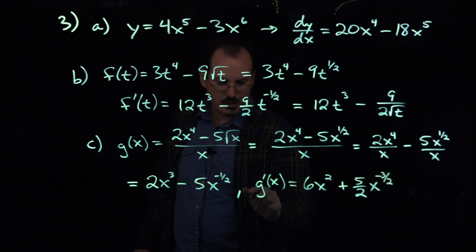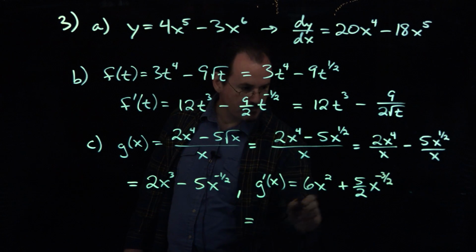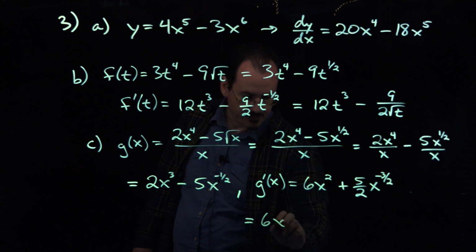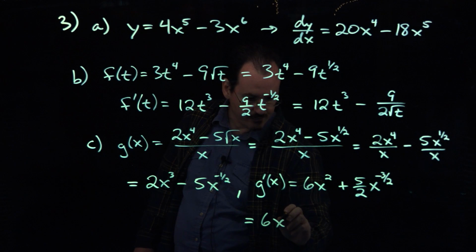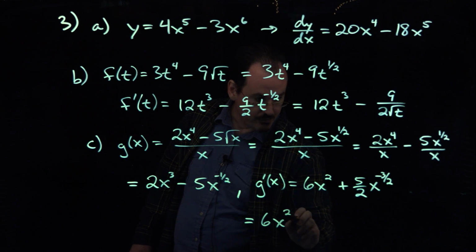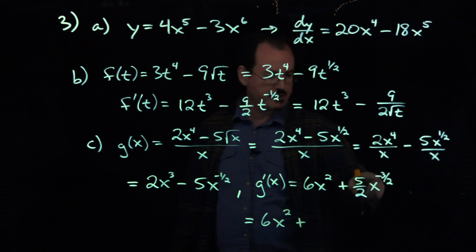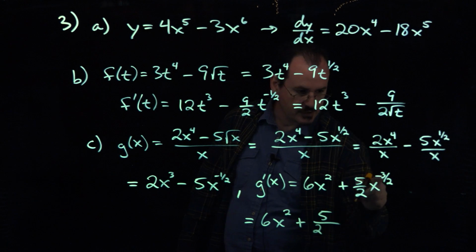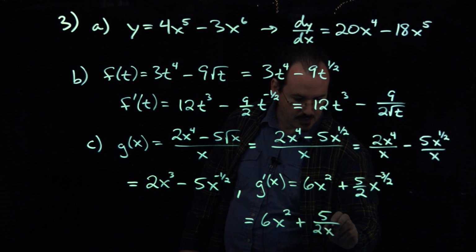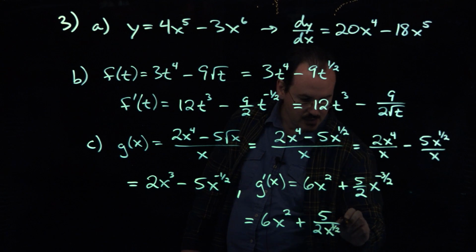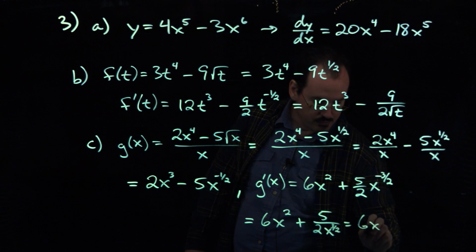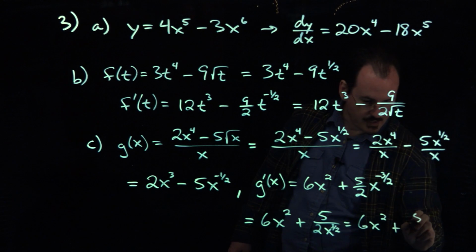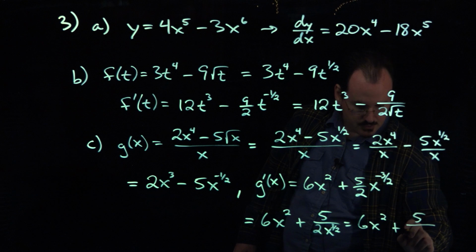So again, if you want to write this with positive exponents and with roots instead of fractional exponents, we can rewrite this as the negative will push it to the denominator, so we get 5 over 2, this is going to be x to the positive 3/2 power, which again, if we want to write that with roots, this is really just for practice, we can write it as 5 over 2.